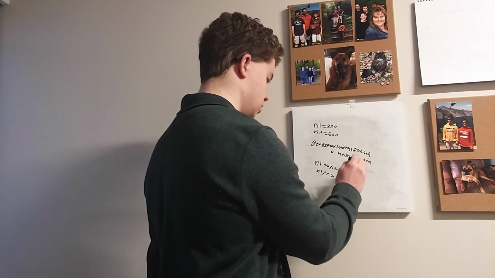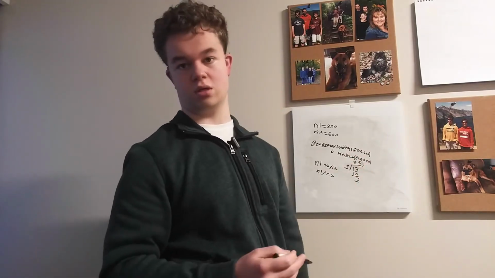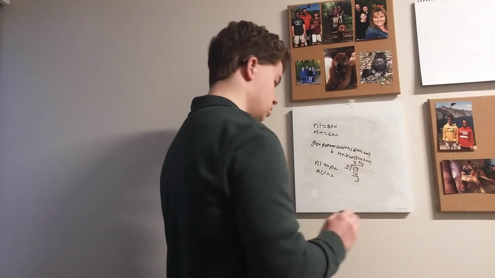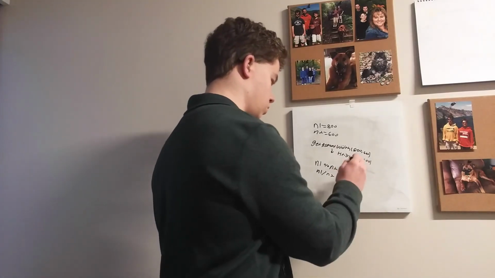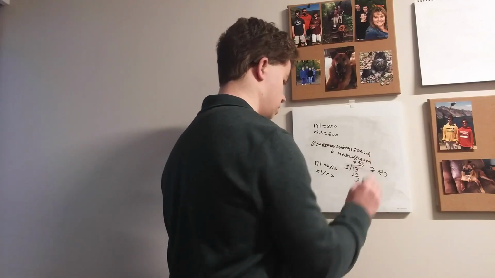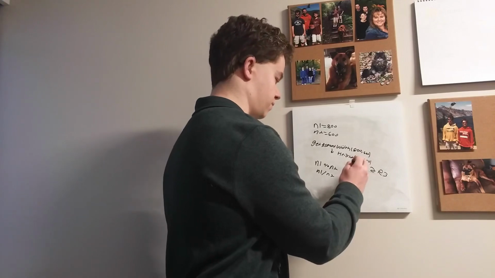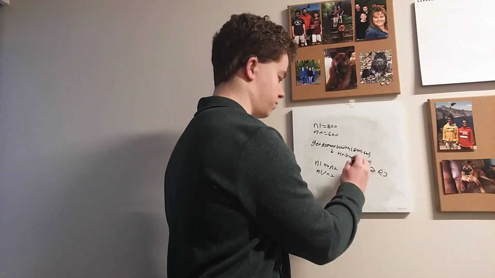That's the remainder. But another way you can write this is 2 remainder 3, because if you don't do it as a fraction like this, it's a remainder of 3.